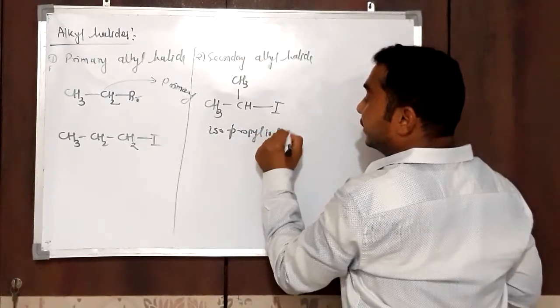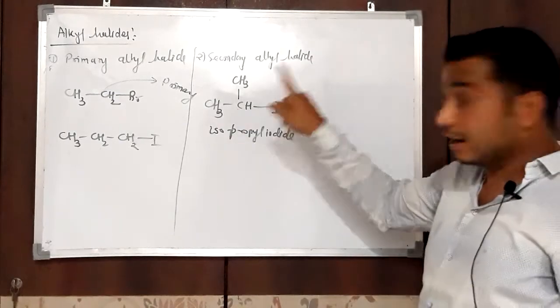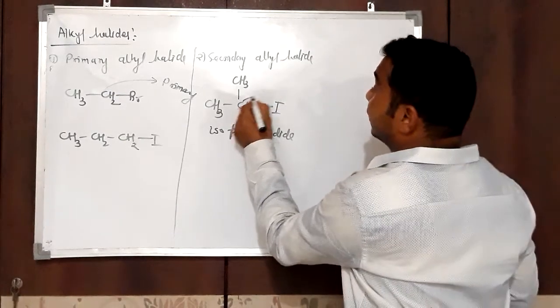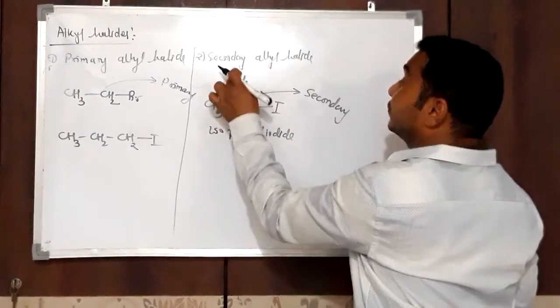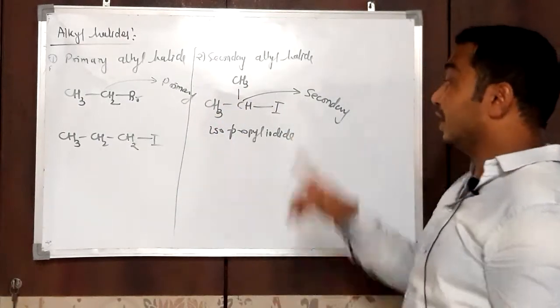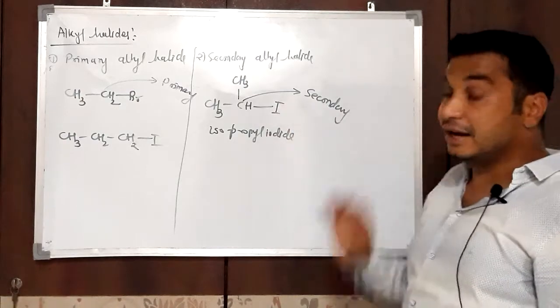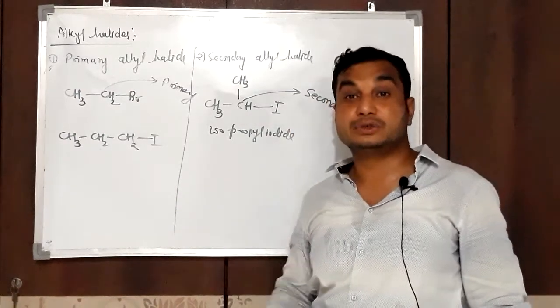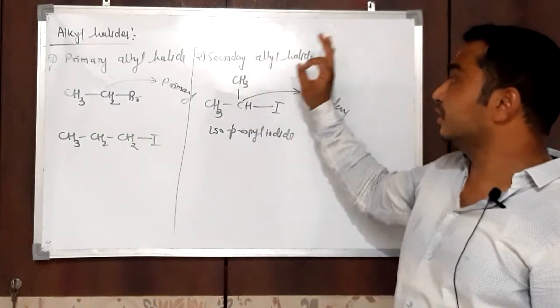In this compound, the halogen atom is attached to this carbon, and this carbon is secondary. This carbon is secondary because it is attached to two different carbon atoms directly, 1, 2. So it is secondary, and to it the halogen atom is attached. So alkyl halides in which the halogen atom is attached to a secondary carbon atom are called secondary alkyl halides.